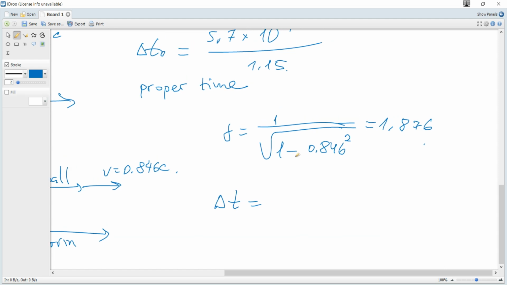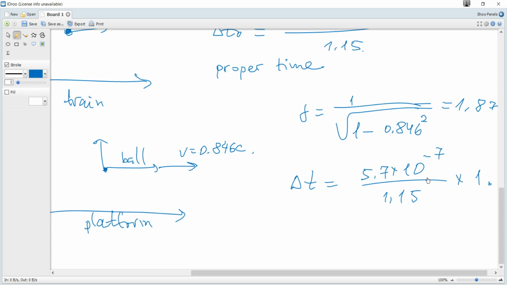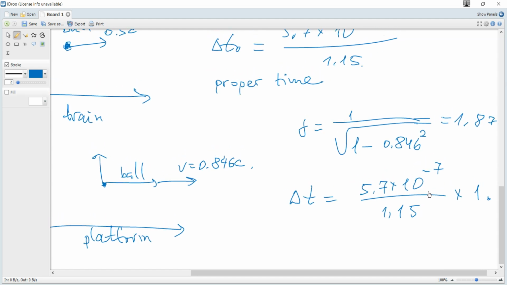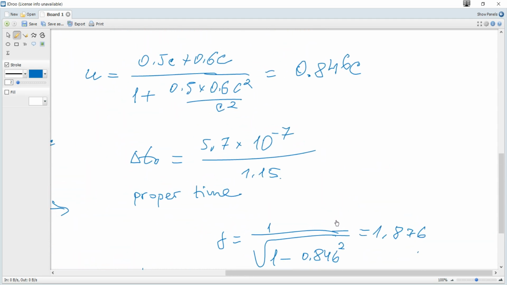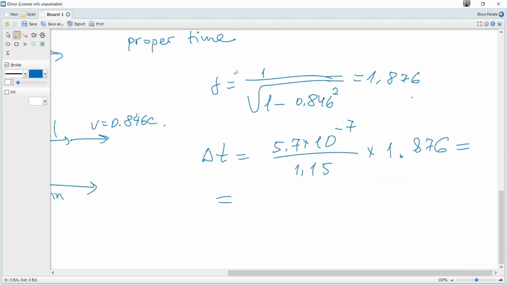You may calculate, it doesn't matter, so it's 5.7 times 10 to the negative 7 divided by 1.15 and multiplied by the gamma, because a platform, or the reference frame relative to a platform, will measure dilated time, and we should also get this answer, because we calculate the same.